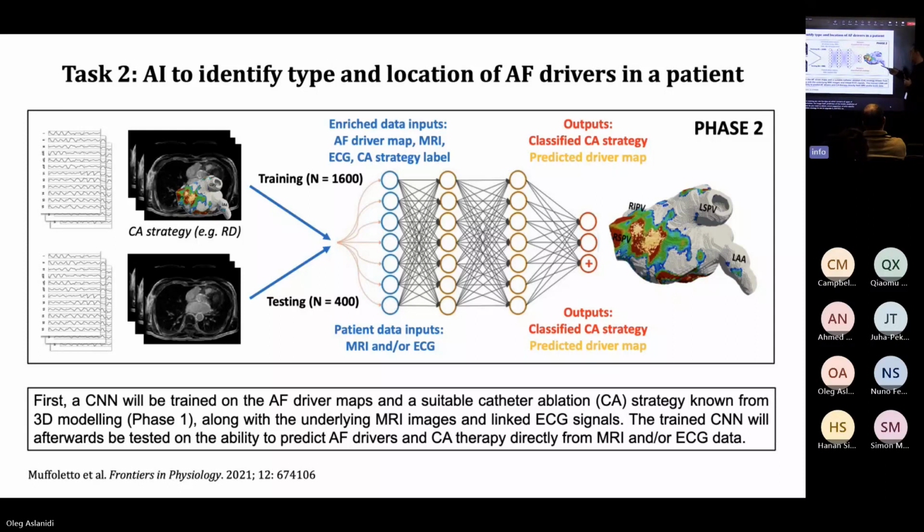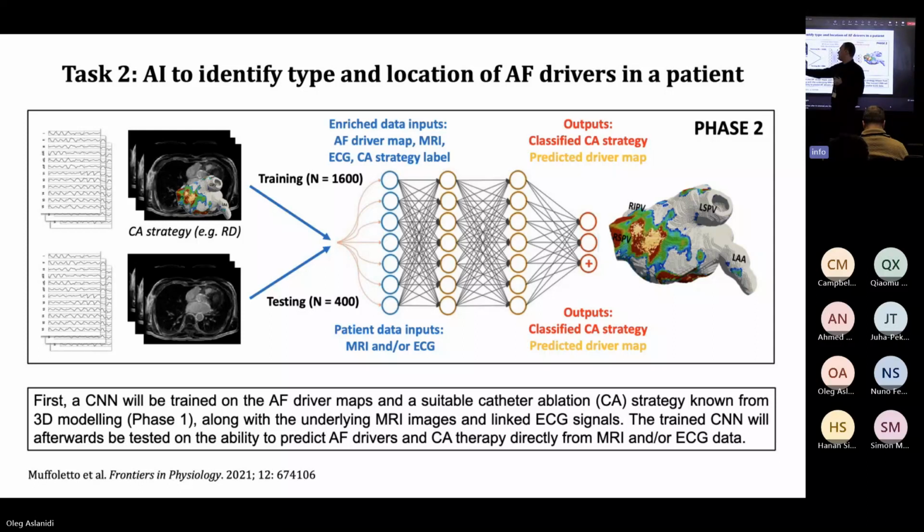You train the network, and the network says that here is the bad guy, you need to ablate here, and your best strategy is strategy X. All right, and then after it is trained, you kick the model out of the equation.